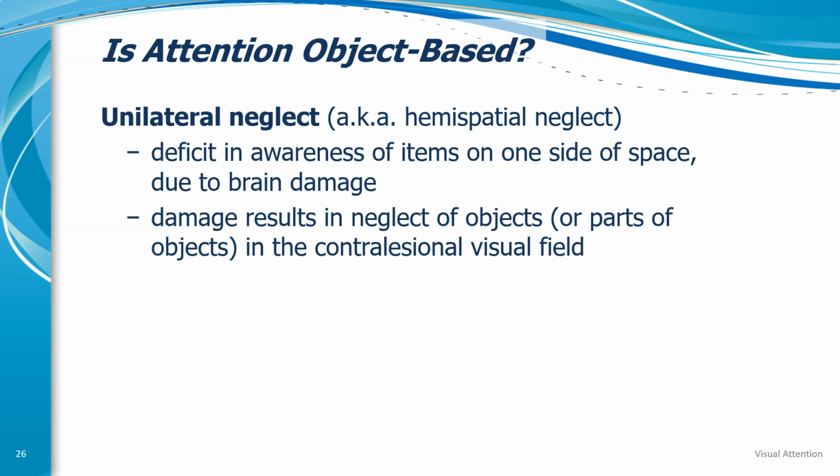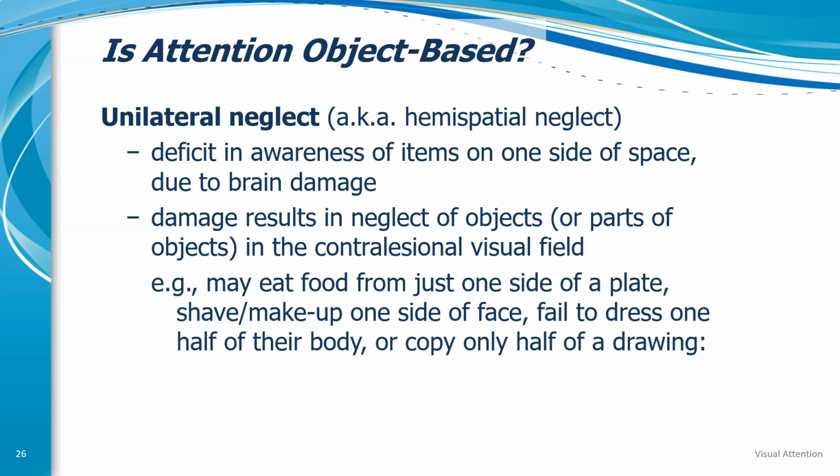So you have to remember, once again, objects in the left visual field end up in the right hemisphere. If the right hemisphere is damaged, that means people will have difficulty seeing things in the left visual field, contralesional, on the opposite side to the side of the brain that has the lesion.